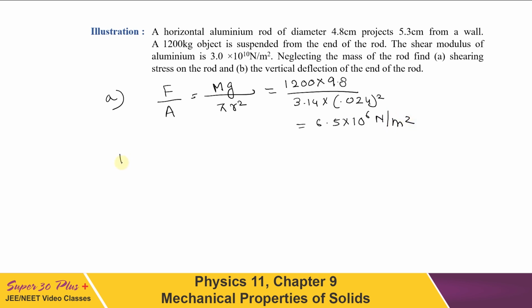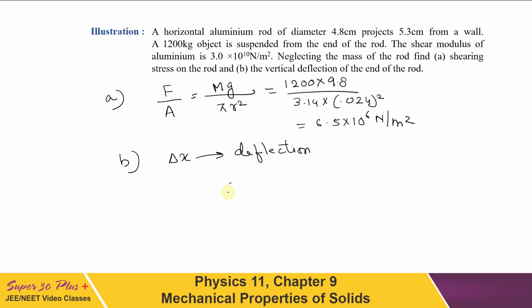In second part, we have to find vertical deflection of the end of rod. So let us consider that delta x be the vertical deflection. This is the deflection produced in the rod in vertical direction.